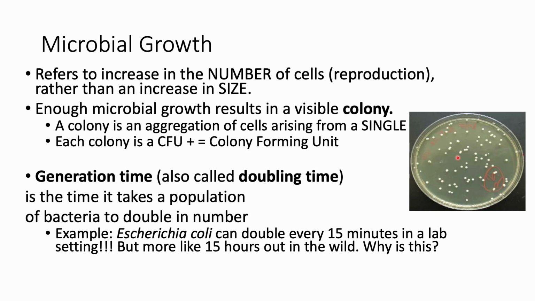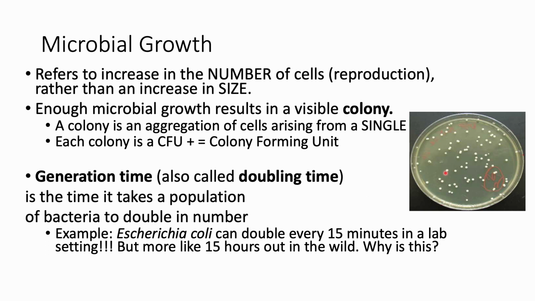Each of these colonies came from one bacterial cell, and we call this a CFU, or a colony forming unit, because this one bacterial cell formed a visible colony. Because there was one cell here, there was one cell here, there was one cell here whenever you put this bacteria on the plate, and then that one cell multiplied, 2, 4, 8, 16 cells, to the point where we could actually see it.